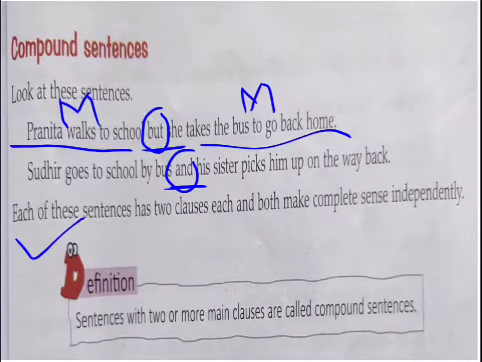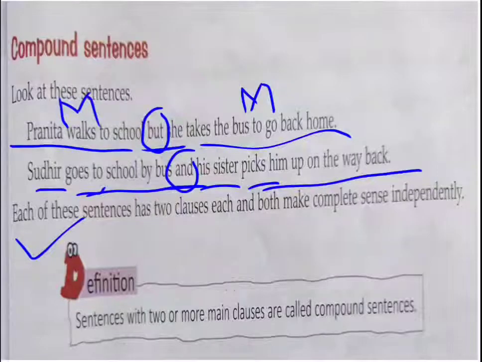Sudhir goes to school by bus and his sister picks him up on the way back. Sudhir goes to school by bus: one clause. Sudhir is the subject, goes is the verb, goes to school by bus is the predicate. His sister is the subject, picks is the verb, picks him up on the way back is the predicate.